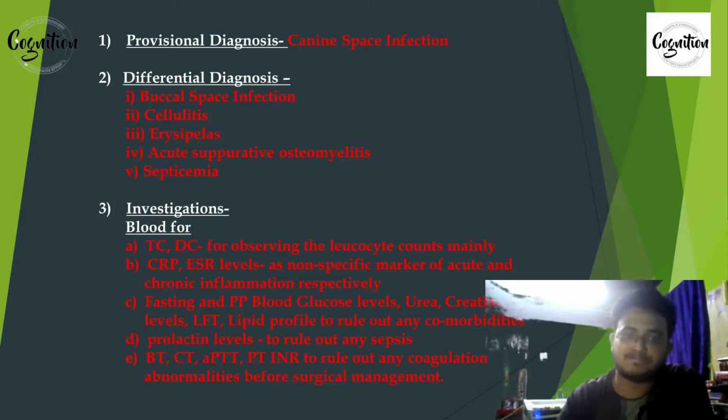You can go for the fasting and postprandial glucose level, the urea creatinine level, the lipid profile test, and also the liver function test to rule out any comorbidities. The procalcitonin level can also be done to rule out any sepsis. The BT, CT and APTT are other tests which can be done to rule out any coagulation abnormalities if present in the patient.